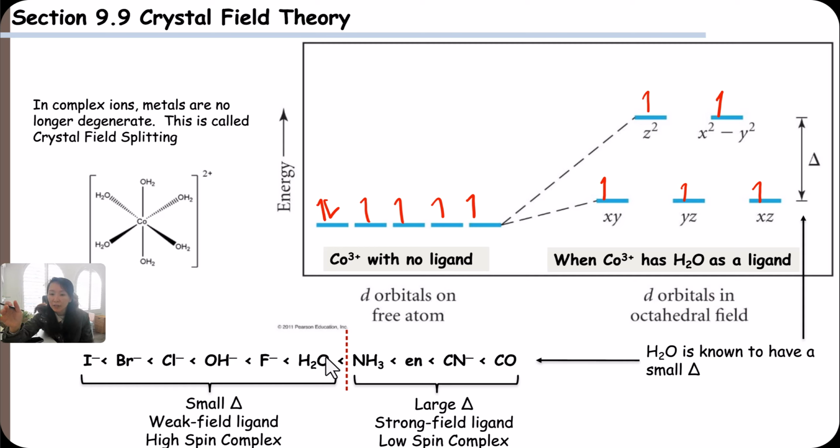It's more favorable to be unpaired. And then the 6th one has to go somewhere, so it's going to occupy the low one. This one is considered to be a high spin complex because it's able to reach the higher level ones. Overall, it's called a weak field ligand, with a small delta, or small crystal field splitting.